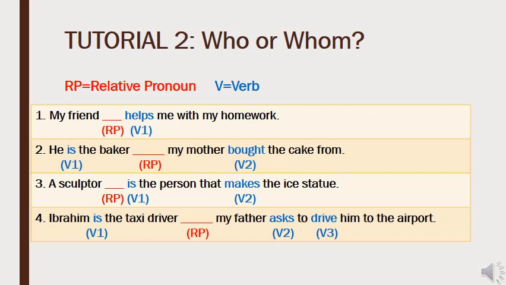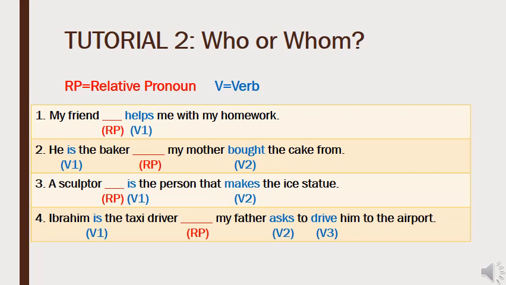So, what comes after the verb? Yes, whom. Because who is before the verb, right? So, after the first verb, it was supposed to be whom. So, the answer is, he is the baker whom my mother bought the cake from.